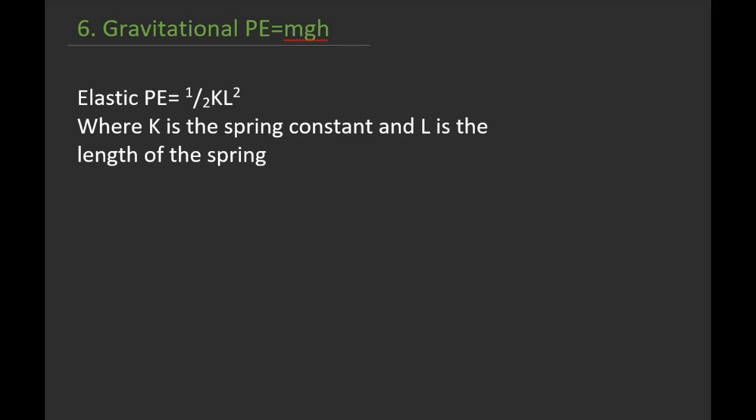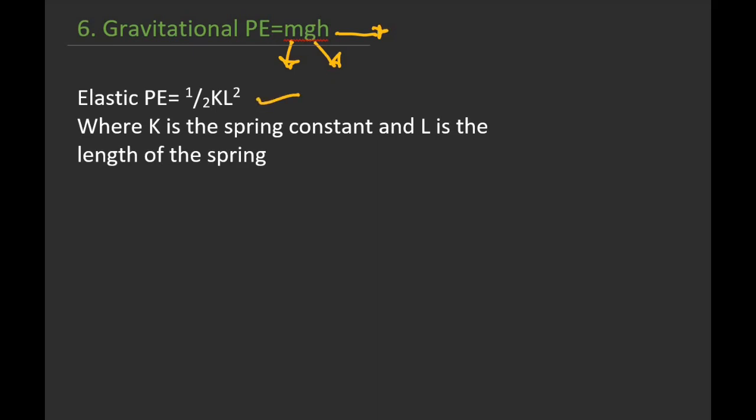So for the gravitational force, as we can see on the screen, the formula is potential energy equal to mgh. m here is the mass in kilograms. g is the acceleration due to gravity, which is 9.8 meters per second squared, or approximately 10 meters per second squared. And h is the height in meters.